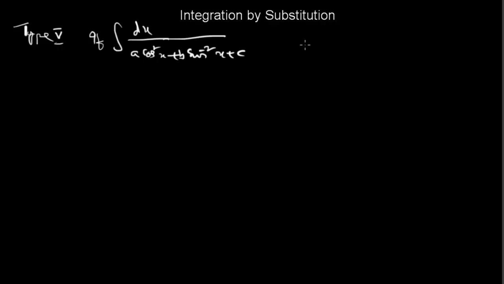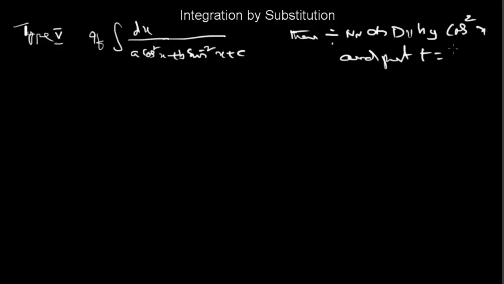Squares are there, then divide numerator and denominator by cos squared x and put t is equal to tan x. This is the hint that is given.